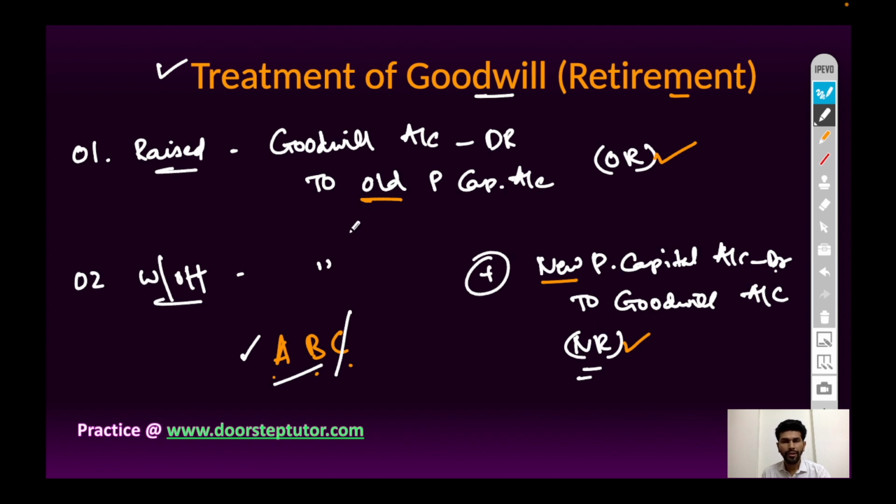And if the question is asked that goodwill is to be raised only up to the share of the retiring partner, if the question specifically says to raise the goodwill only by the share of the retiring partner, then the entry will be goodwill account debit to retiring partner's capital account.